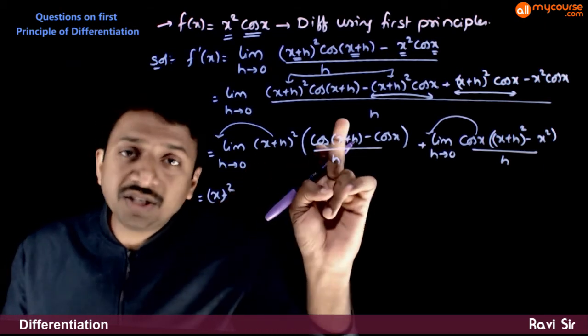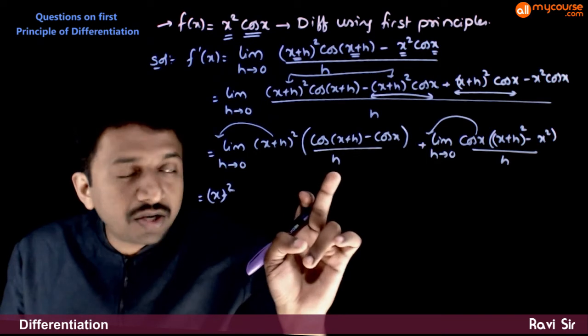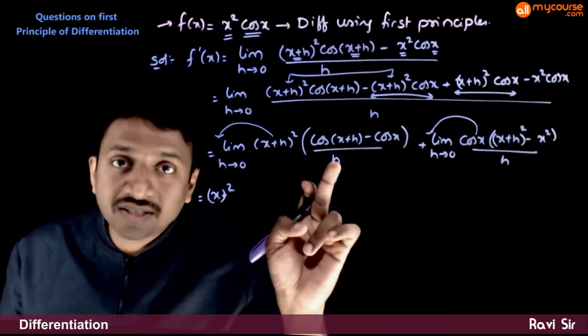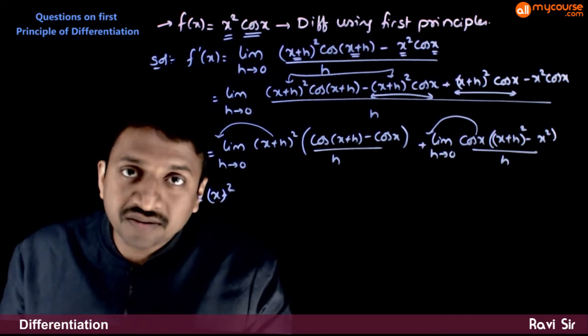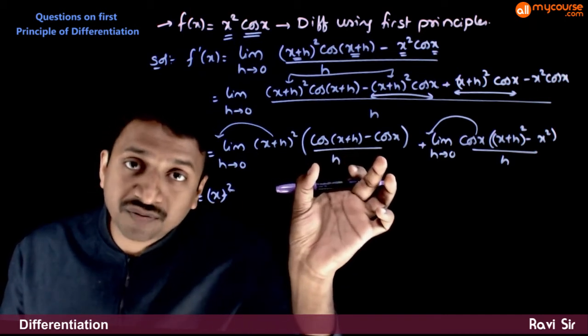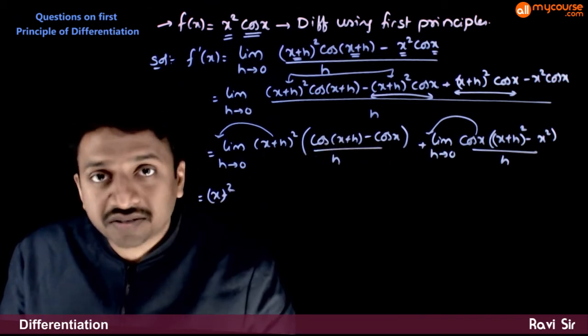And limit h tends to 0 cos x plus h minus cos x by h. This looks like the differentiation of cos x, right? Similarly, as we have done the differentiation of sin x, you can also do the differentiation of cos x.